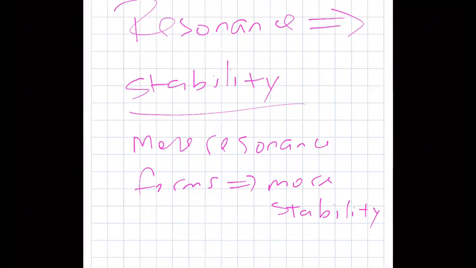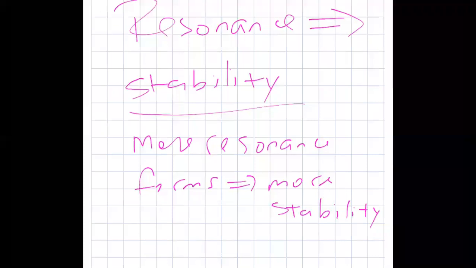You have to think about stability in terms of overall energy. If I say that something is low energy, I'm also saying that it's more stable. The higher the energy is, the less stable something is.